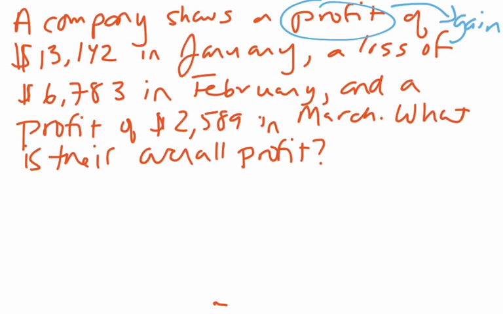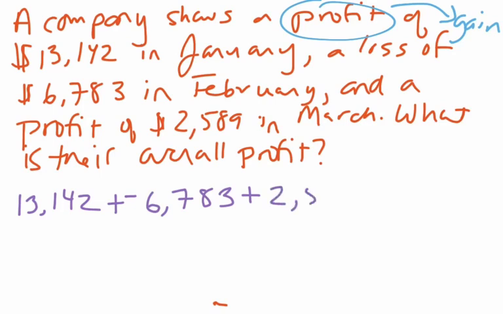So what this would look like as a problem is you'd have positive 13,142 in January. Then you'd add to that negative 6,783 in February, followed by a positive 2,589 in March. And you can do that on a calculator. I'm going to take a moment and plug it into my calculator.